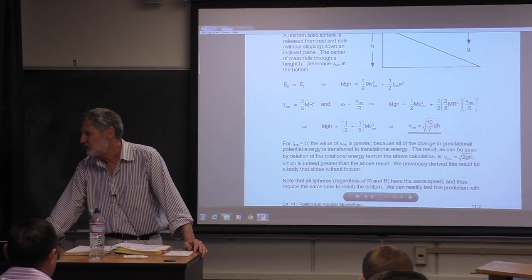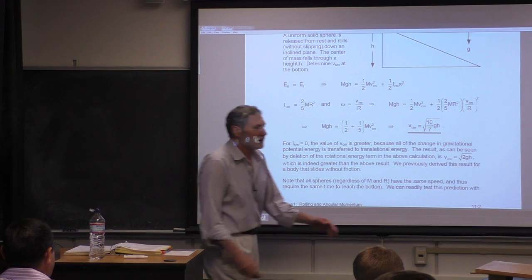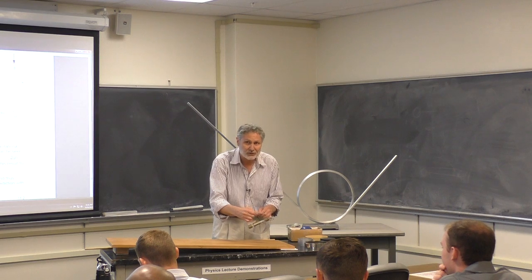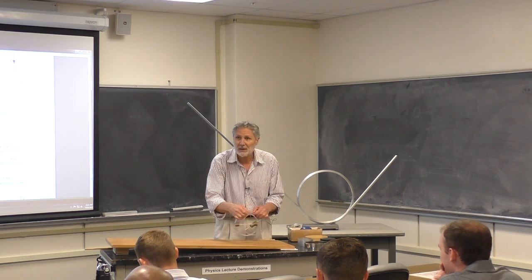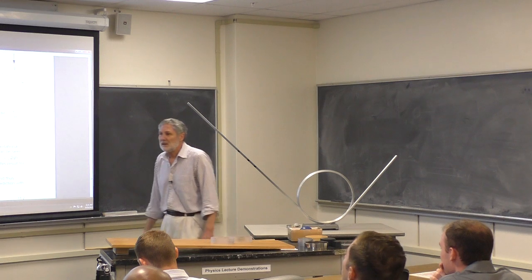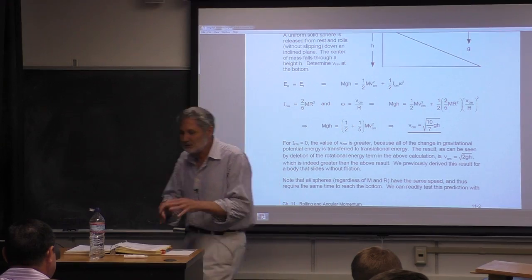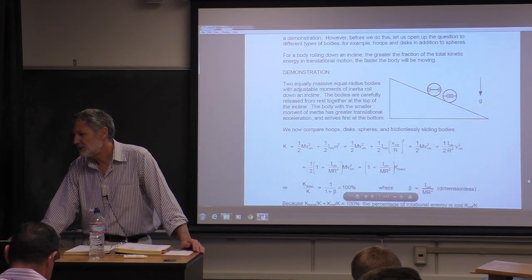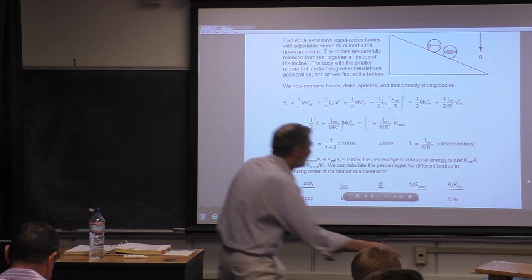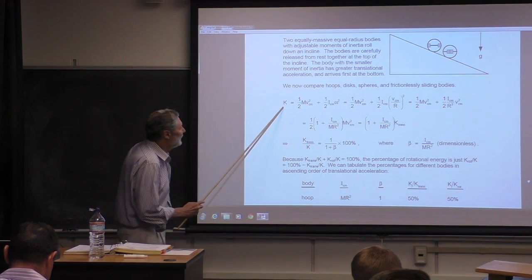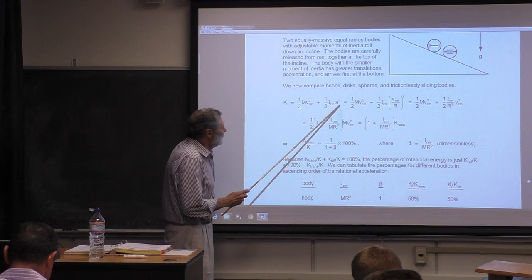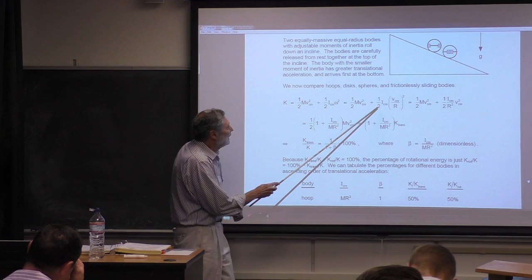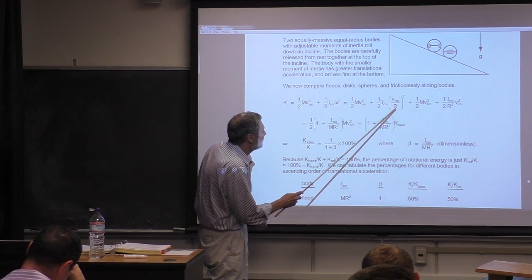Okay, so that's a dramatic example of how the distribution of the mass changes things. We wanted to find which one gets to the bottom first, or equivalently is moving the fastest. If you bring the mass closer to the axis of rotation, you reduce the moment of inertia. So here's the general problem we're talking about. We've got kinetic energy. Omega is V_CM over R, no slipping, and we can plug this in.